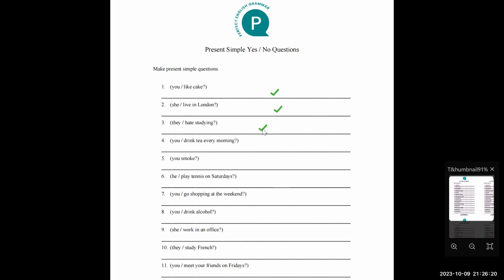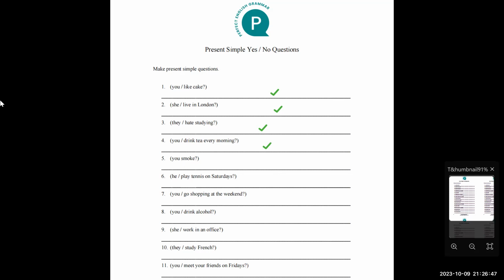Do you drink tea every morning? Do you smoke? Okay, when you ask a question, do you smoke? Or do you drink tea every morning? Do you hate studying? There's a sound, like intonation, when you ask a question, okay?